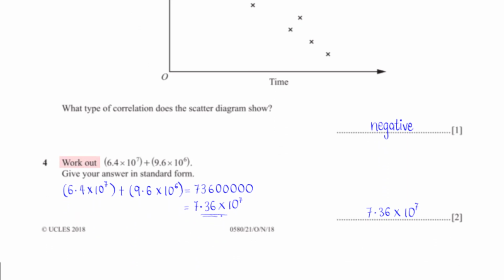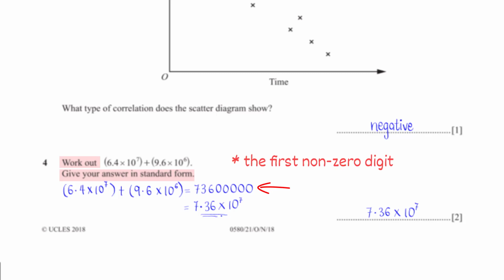Work out 6.4 times 10 raised to the power 7 plus 9.6 times 10 raised to the power 6. Give your answer in standard form. When we type this expression into the calculator, we get 736,000,000. So from here, we can convert this into standard form by moving the decimal point at the end of the number to a position just after the first significant figure.